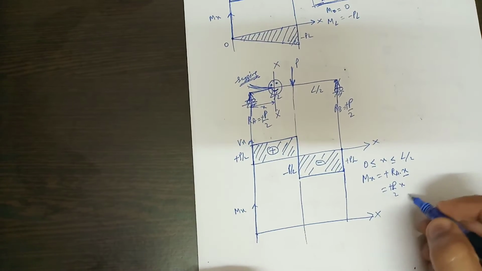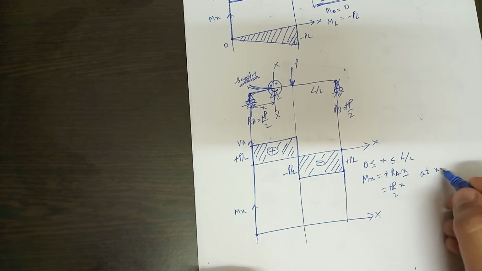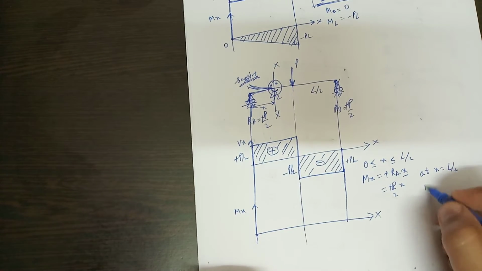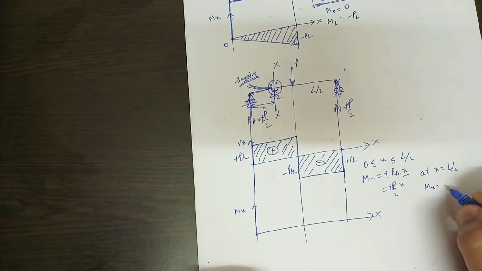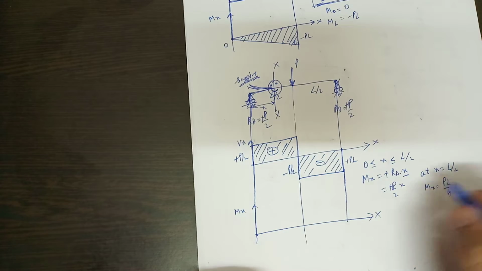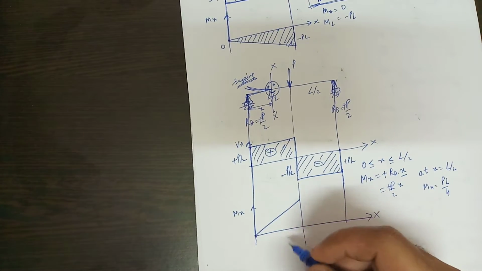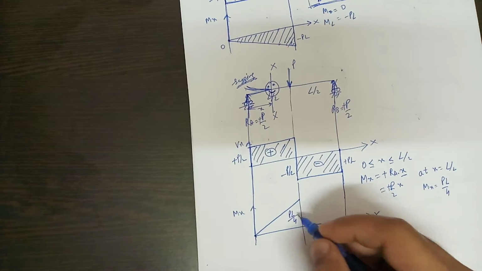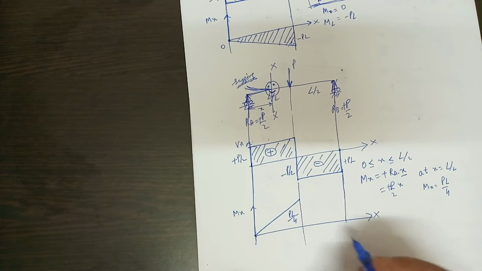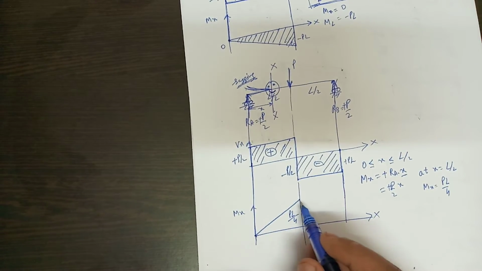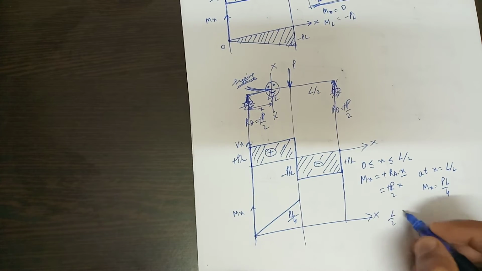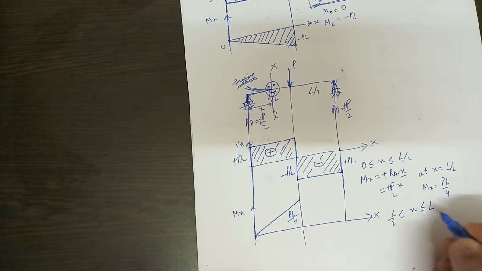At x equal to L by 2, Mx will be PL by 4. So it will be varying linearly till PL by 4. Now in the same way it will be decreasing from L by 2 to L.